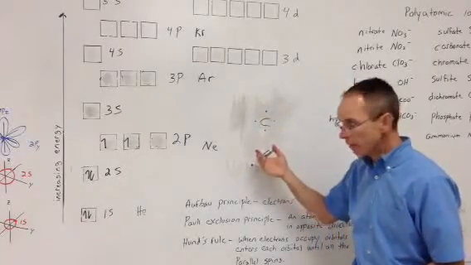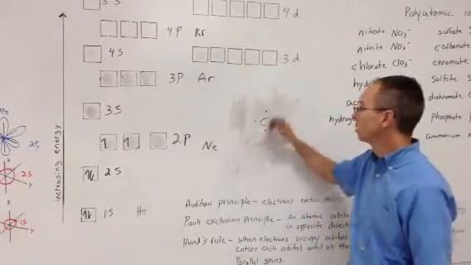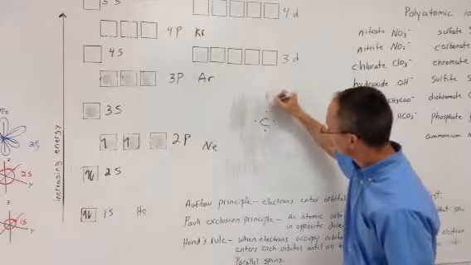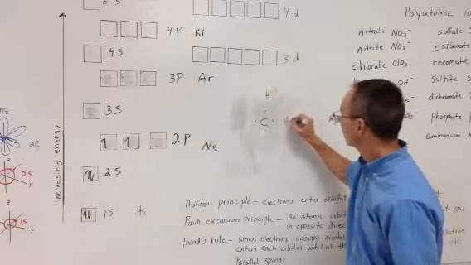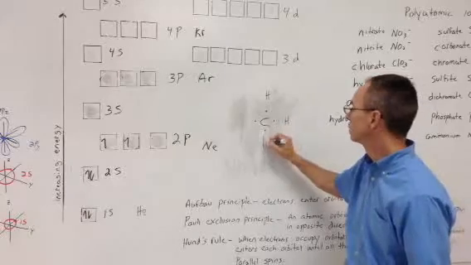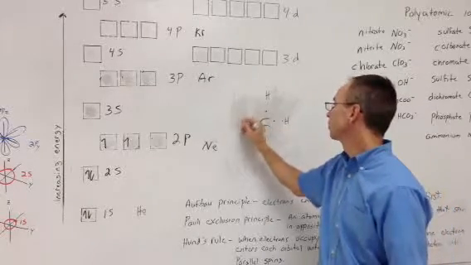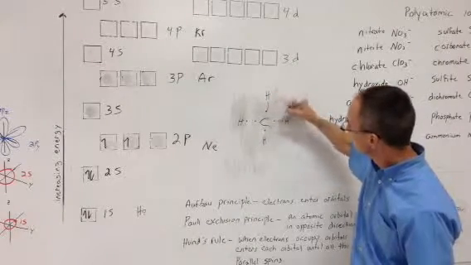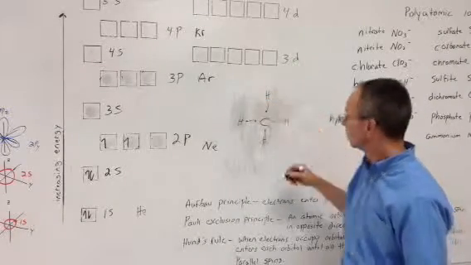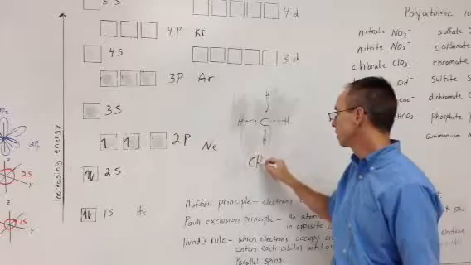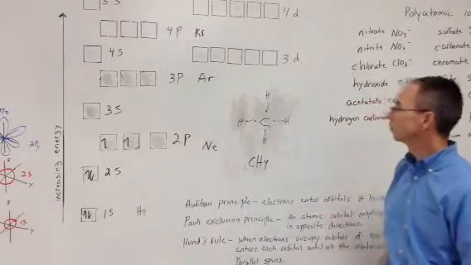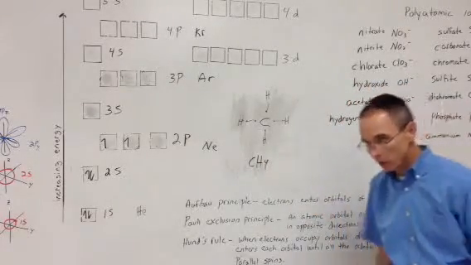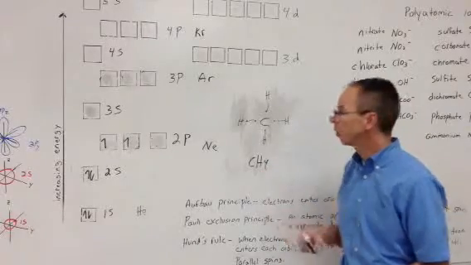And again, it wants to have 8, so it can be like neon. So carbon, if I'm bonding it to hydrogen, will make 4 bonds. Okay? 1 to each hydrogen. So I could write it as this, CH4, that's methane. Alright, and that's carbon covalently bonded to 4 hydrogens.